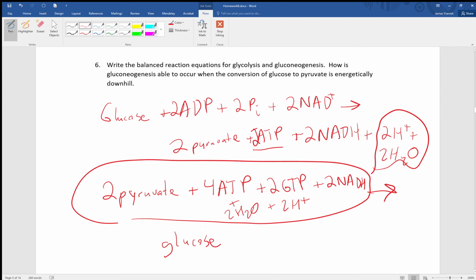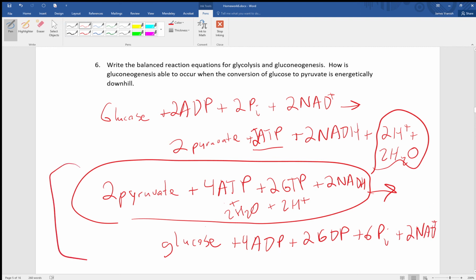The products we get are glucose, 4 ADPs, 2 GDPs, a total of 6 phosphates, and 2 NAD pluses. So this down here is a balanced reaction for gluconeogenesis.